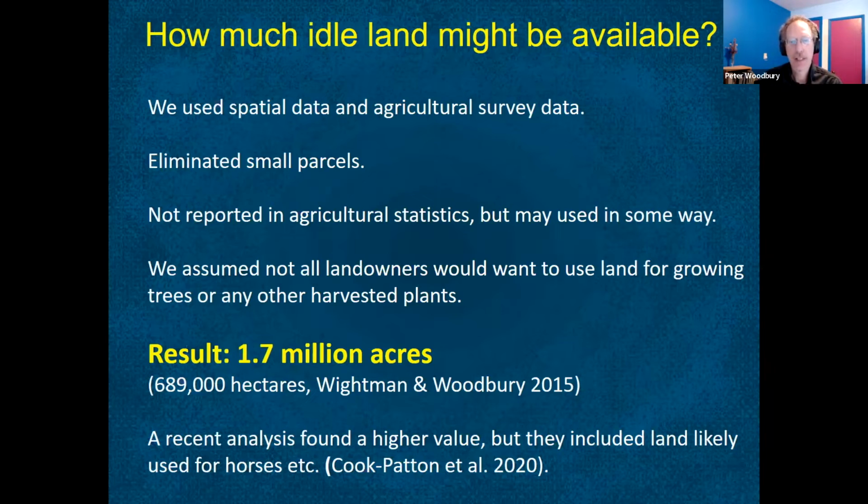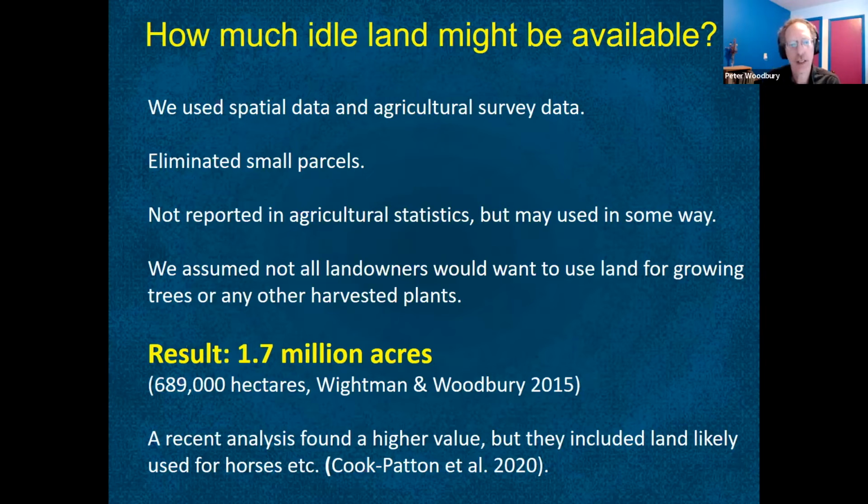That included spatial data derived from remote sensing, as well as survey data about agricultural production. We eliminated small parcels because we were thinking about adding some type of production, and we thought it was more practical to do that on the larger parcels of land.